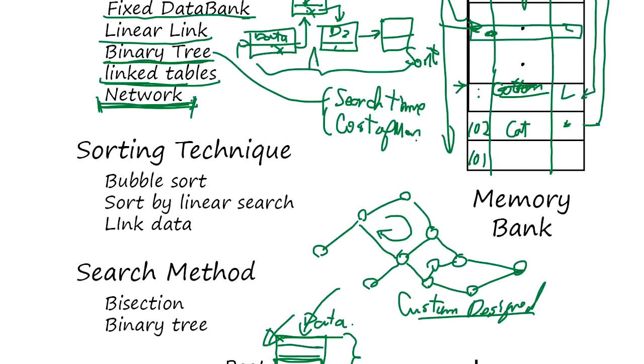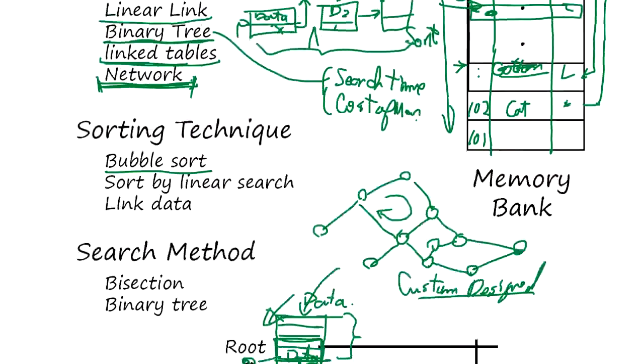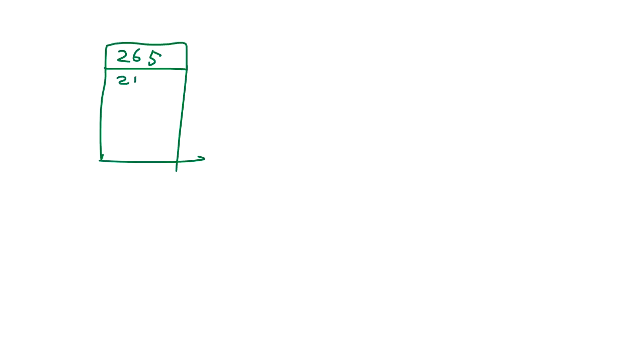Okay, so there are a few sorting techniques, how you sort it, right? Say in the beginning the data is, okay, 265 and 270, and this is the memory, and 101 and 150, and so on.